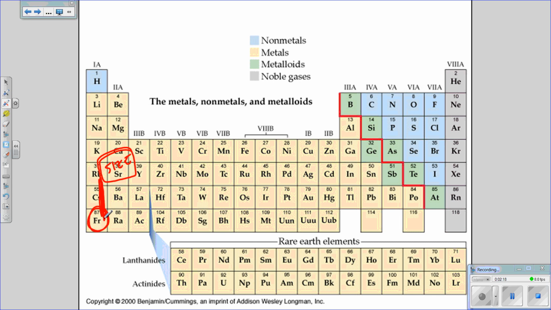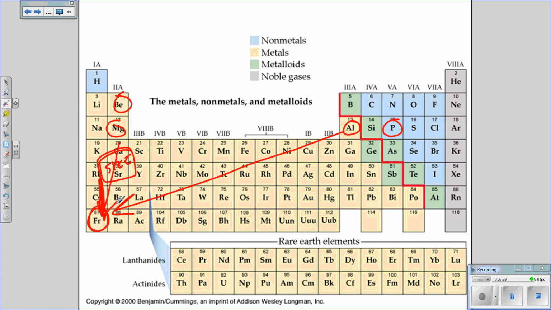Therefore, if you're comparing two elements, if I'm comparing aluminum or phosphorus, trying to figure out which one's larger, the one that's going to be closer to that flag or that point automatically is going to be larger. If the element is farther away, like magnesium and beryllium, well, magnesium is closer to the flag for size.